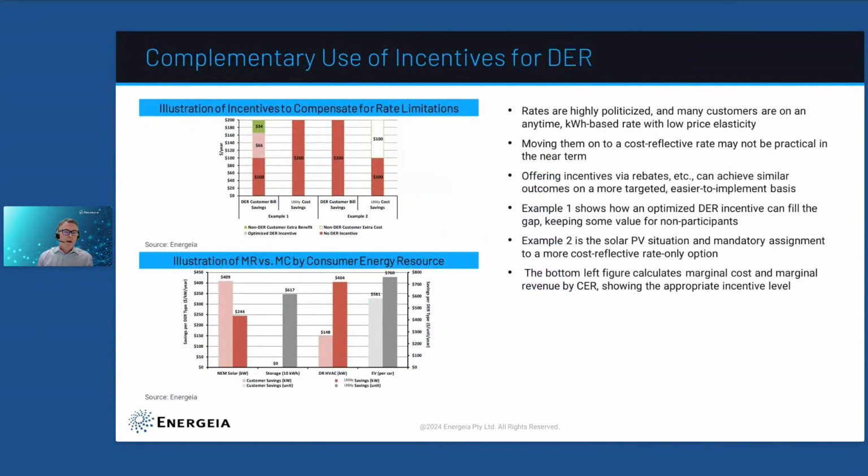This slide is really speaking to when there are issues around cost reflectivity, like for example, customer savings is too high for utility savings. In the case of a flat tariff, there's no reason to buy storage. You can actually design the incentive to correct the tariff signal, and that's something that we've seen successfully deployed in California.